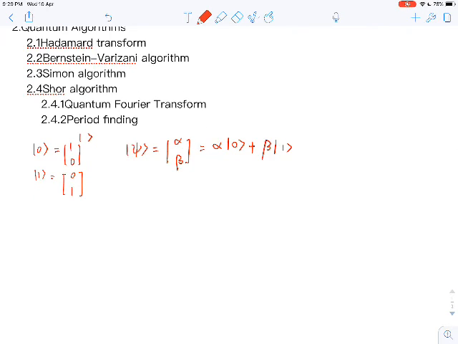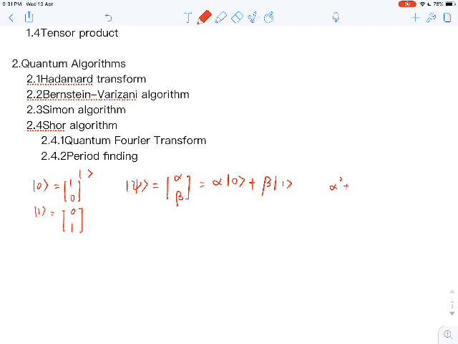And we know every qubit must be a unit vector. Therefore, alpha square plus beta square is 1. And we can treat alpha square and beta square as the probability of the qubit phi being measured in qubit 0 and in qubit 1.